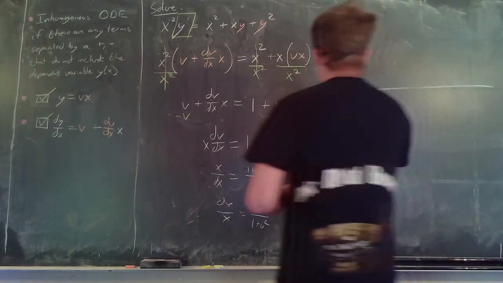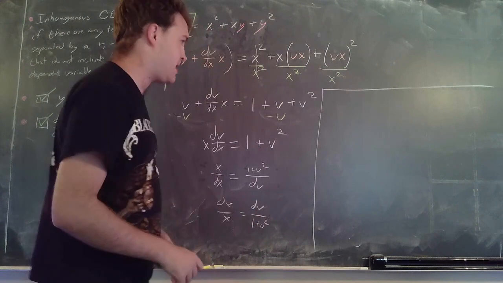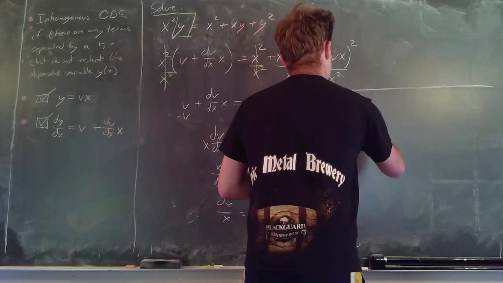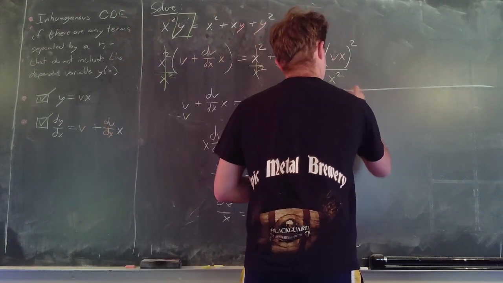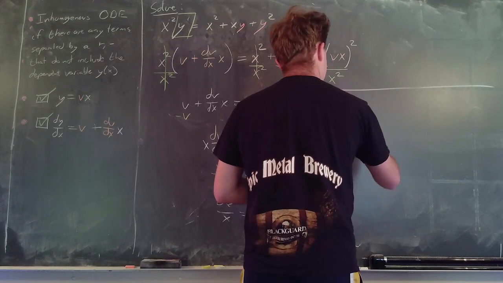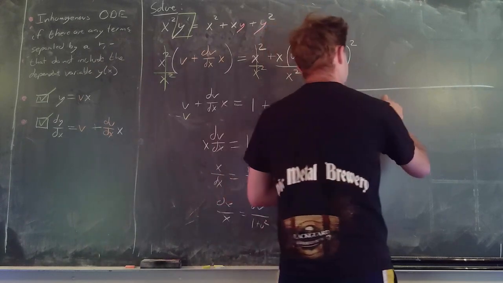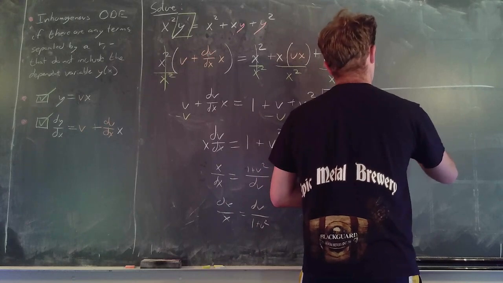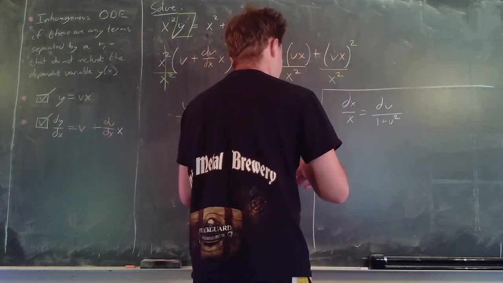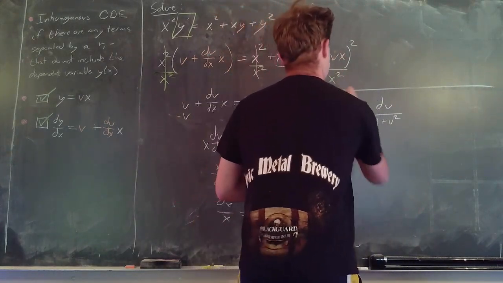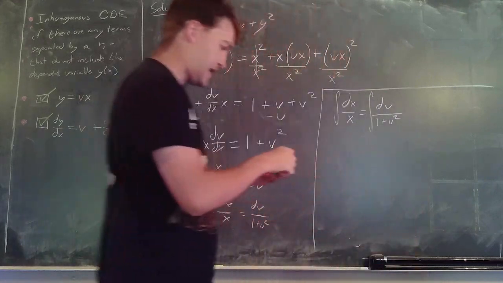Okay, so now that I've separated out my variables, I can take this dx over x and this dv over 1 plus v squared, and I can integrate on both sides.